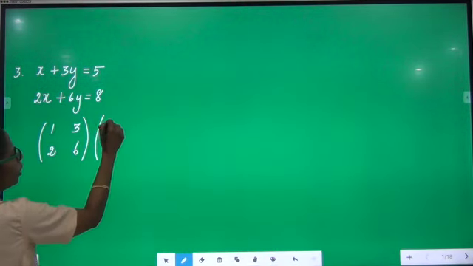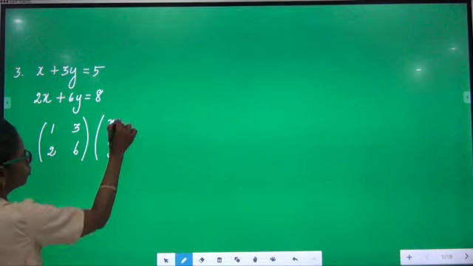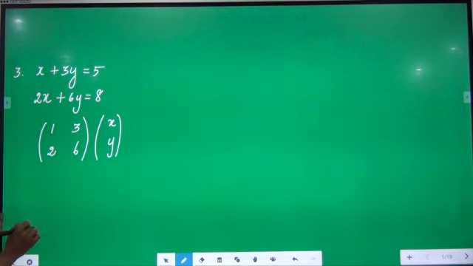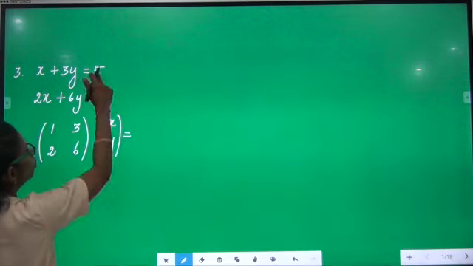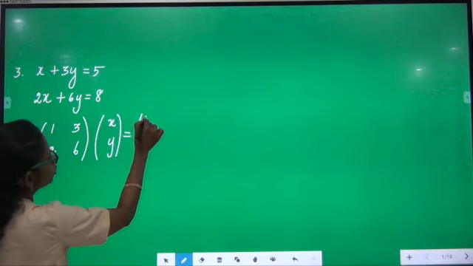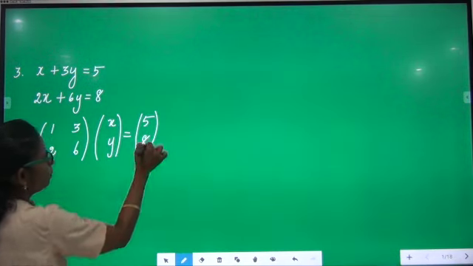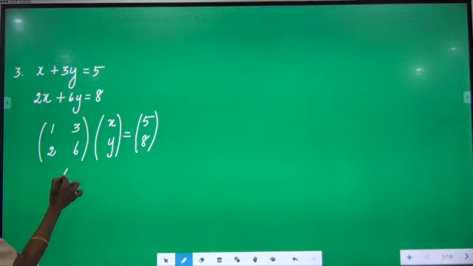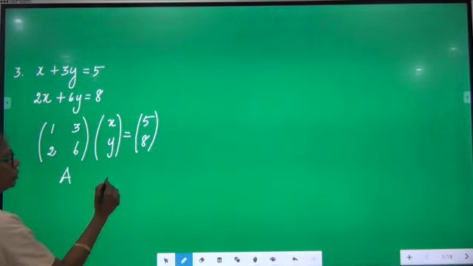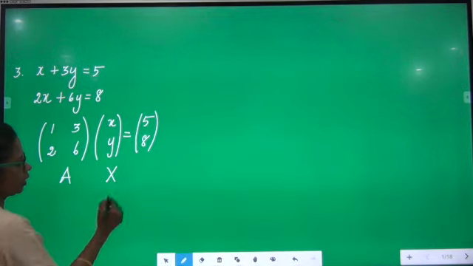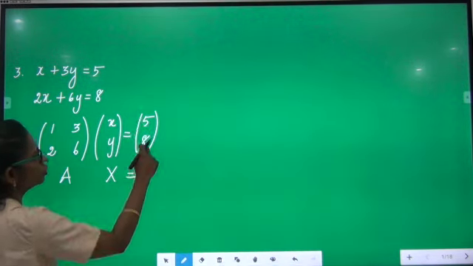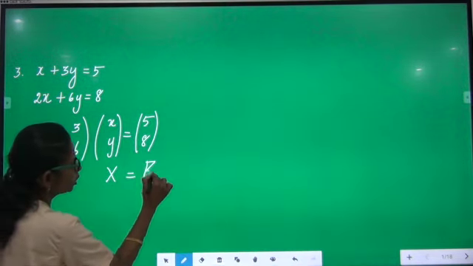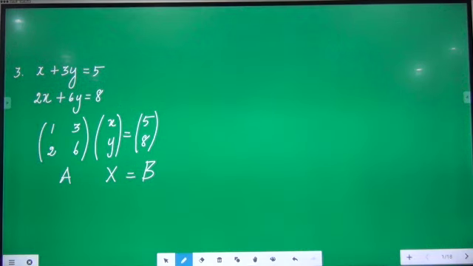The x and y variables are used, so you have to write them in a column matrix, which is equal to the constants, which you should also write in a column matrix. I said the collection of coefficients should be represented as capital A. The x, y variables should be represented as capital X, which is equal to the constants represented by capital B. The question heading is what?